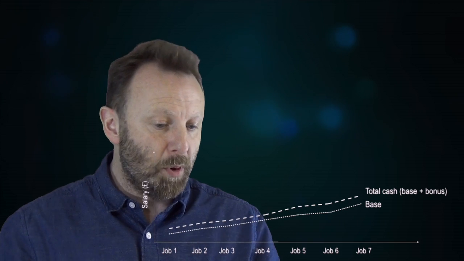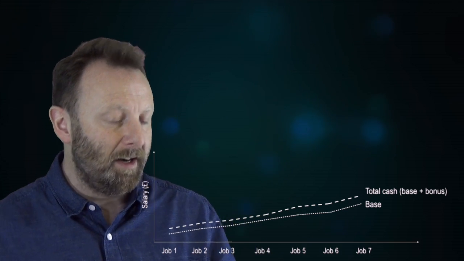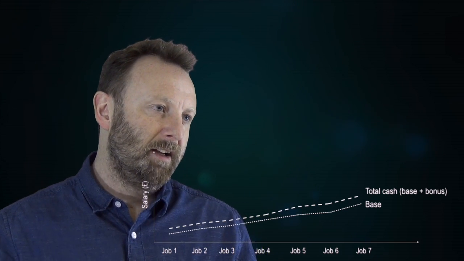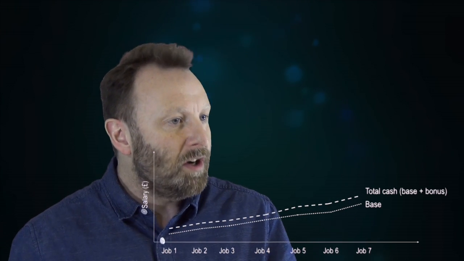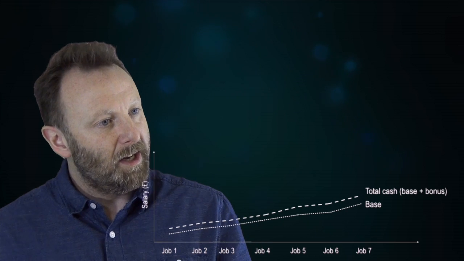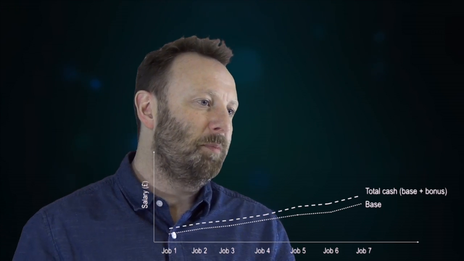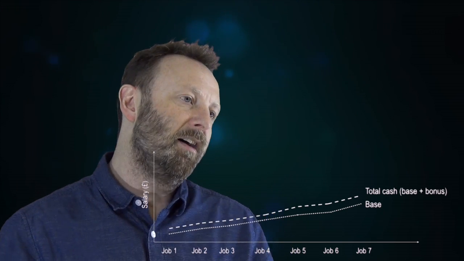So we may also look for, say, a measure of total cash, so the level of base pay plus other bonus or short-term incentive elements, because it may be that some of our competitors might be relatively uncompetitive or relatively mean on base pay, but very generous on bonus or other incentives.